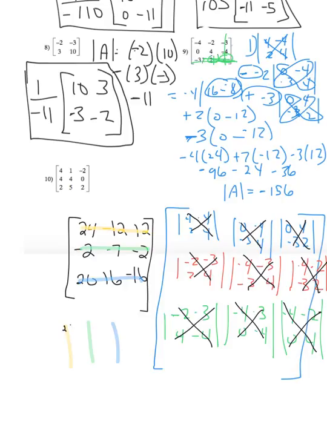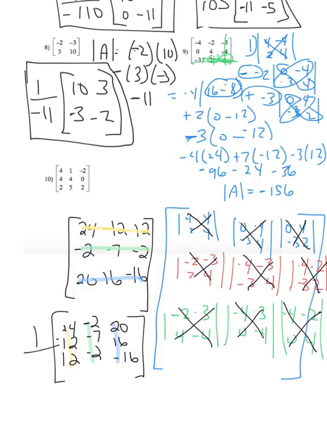Okay, so 24, 12, that was a -12, and 12. The green one was -2, -7, -2, and the blue one, 20, 16, -16. Times the 1 over the determinant.